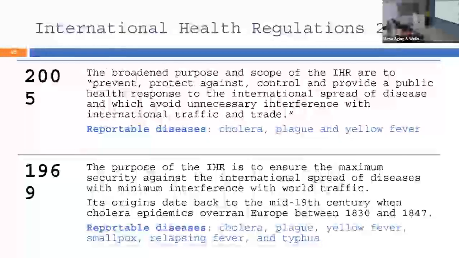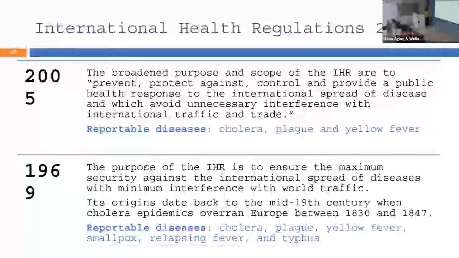So originally they had 6 reportable diseases: cholera, plague, yellow fever, smallpox, relapsing fever, and typhus. Those were reportable diseases. Now, smallpox has been eradicated.